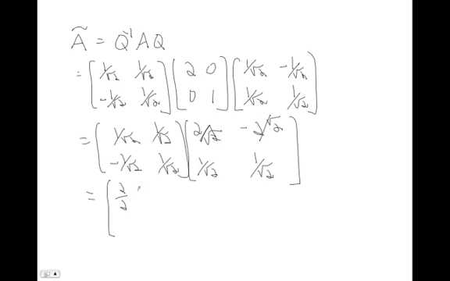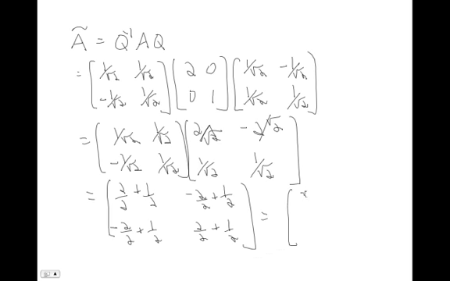2 halves plus 1 half up here. And I get minus 2 halves plus 1 half here. And I get minus 2 halves plus 1 half here. I get 2 halves plus 1 half here. And then let's simplify that.